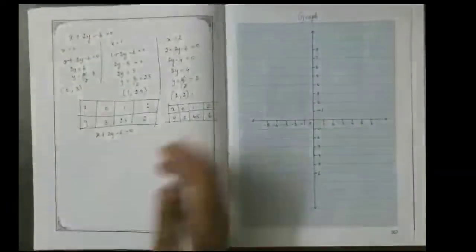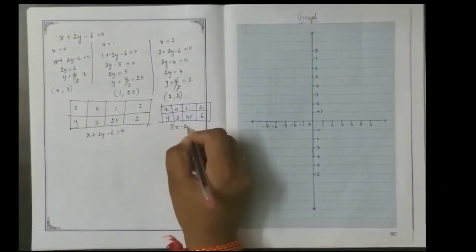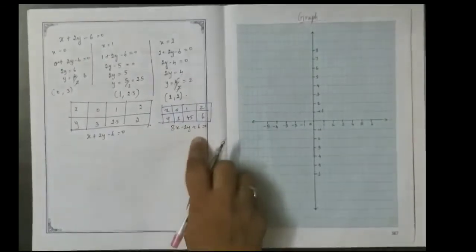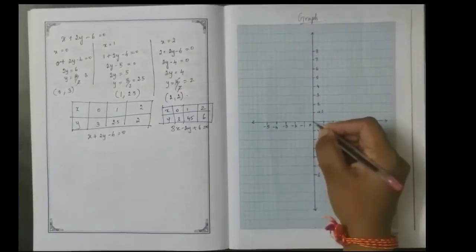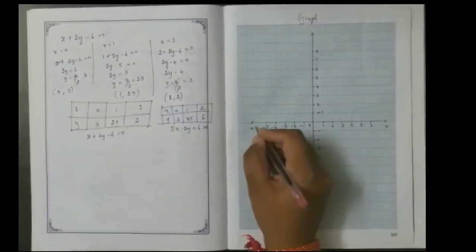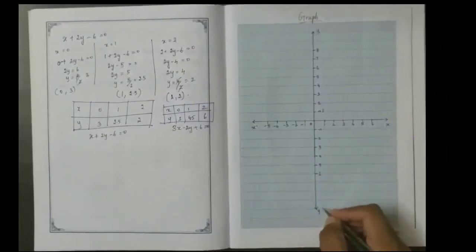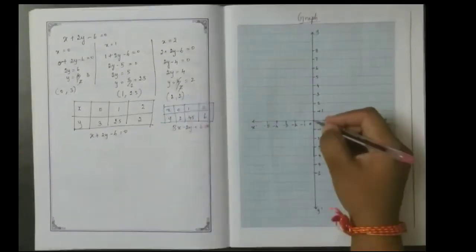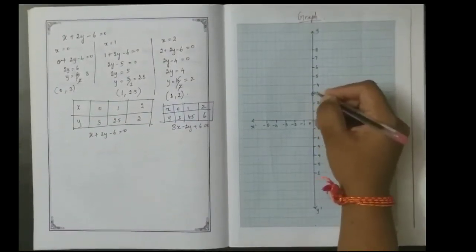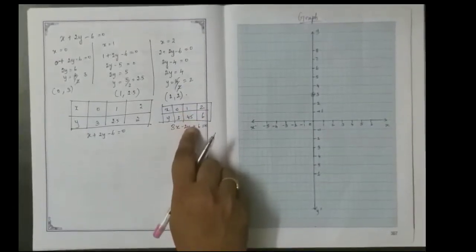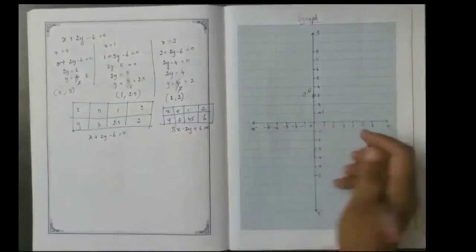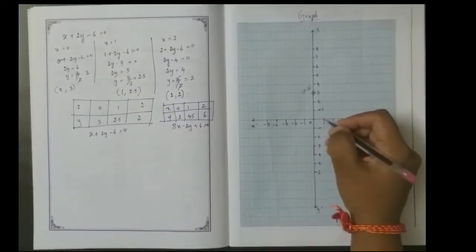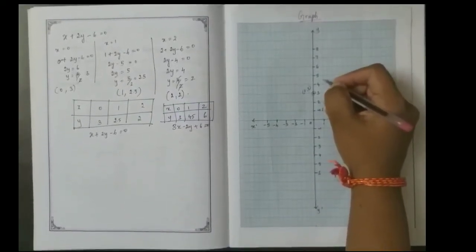The first equation is 3x minus 2y plus 6 equal to 0. For that, the point is 0 comma 3. This is x, x dash, y, y dash. When x is 0, y is 3. So 0 comma 3 is at this point. And the next one, 1 comma 4.5. 4.5 lies between 4 and 5, so it is here.